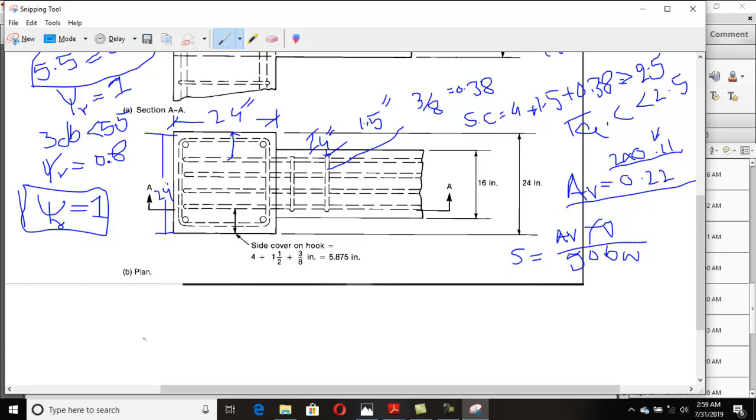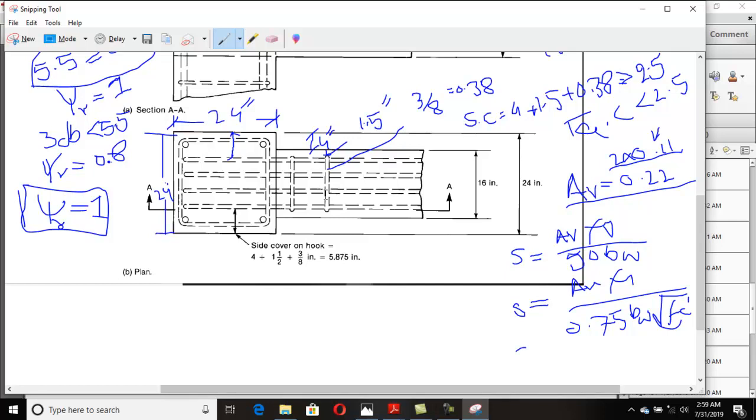So you calculate your S. S can also be checked from Av Fy divided by 0.75 bw into hc prime.